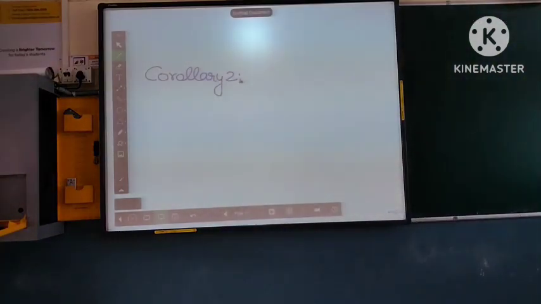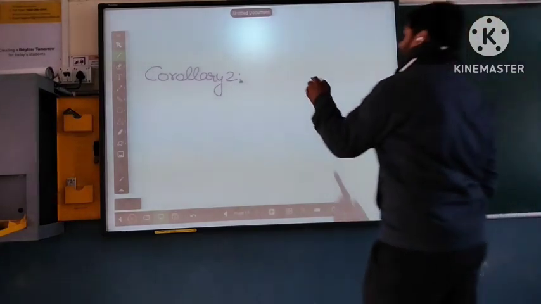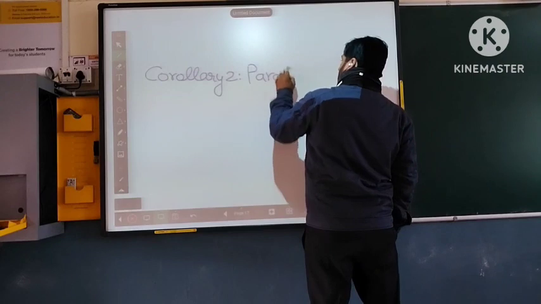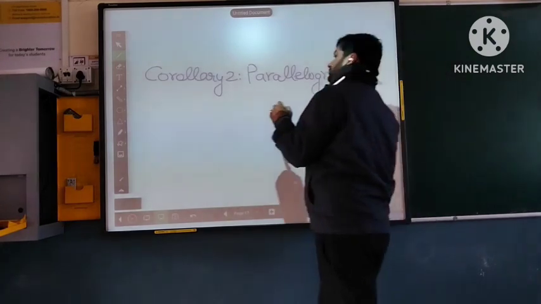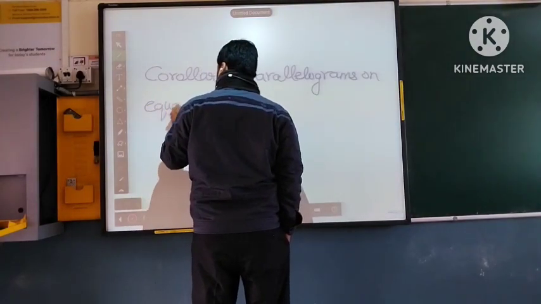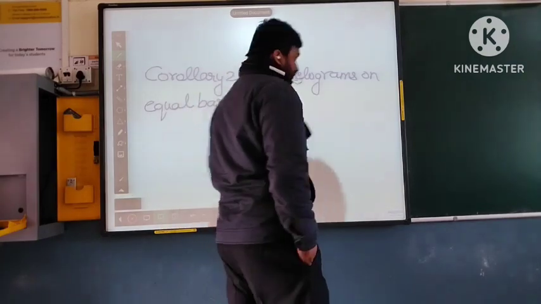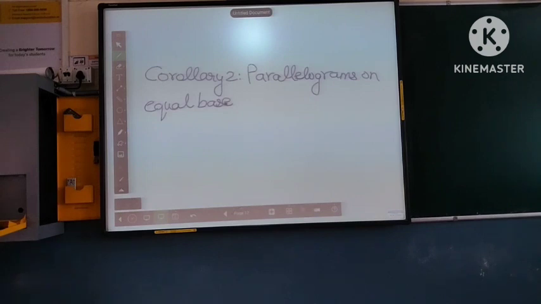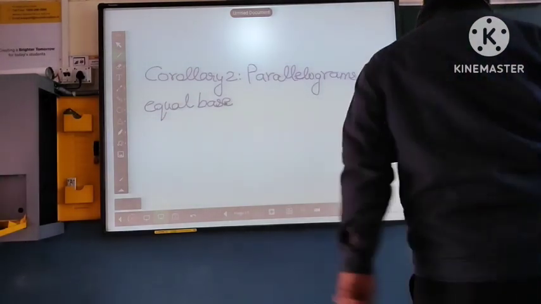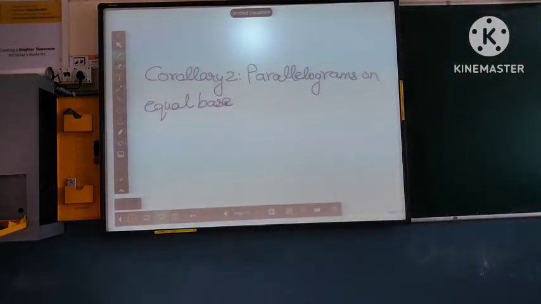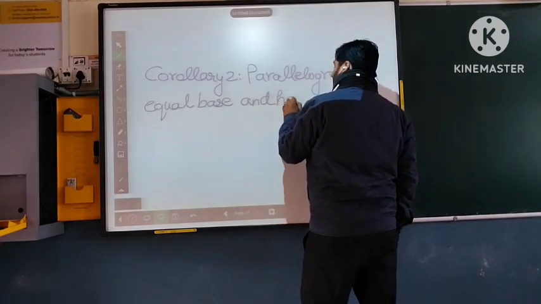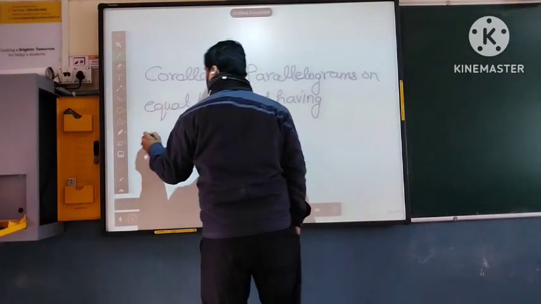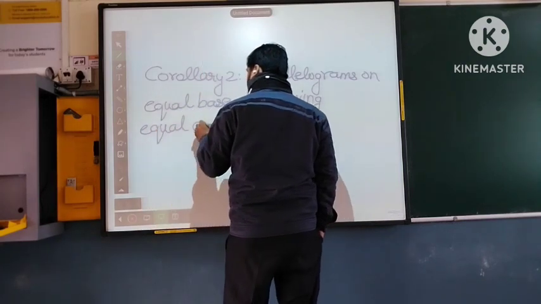Now next, corollary 2. What does corollary 2 say? Parallelograms on equal bases and having equal areas will be between same parallel lines.